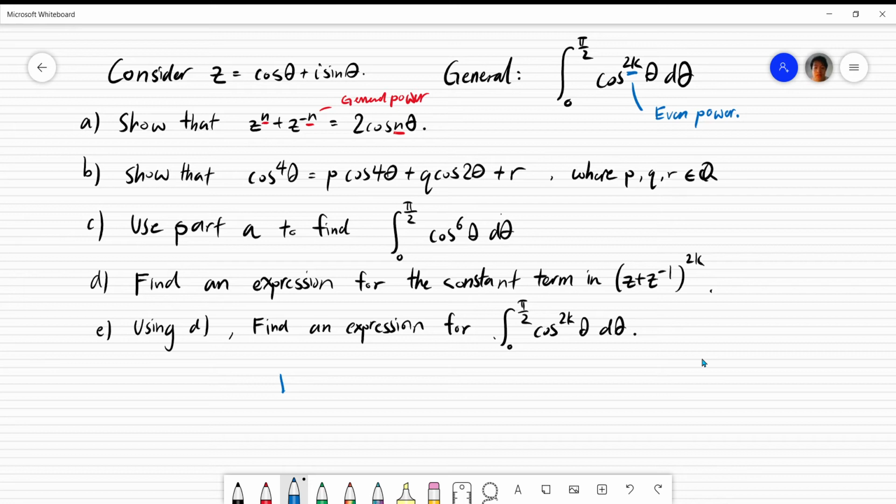And so particularly, we're going to try to figure out what this integral could be. What is this integral right here? That is the integral from 0 to pi over 2 of cosine to the 2k theta d theta, where 2k is an even power.